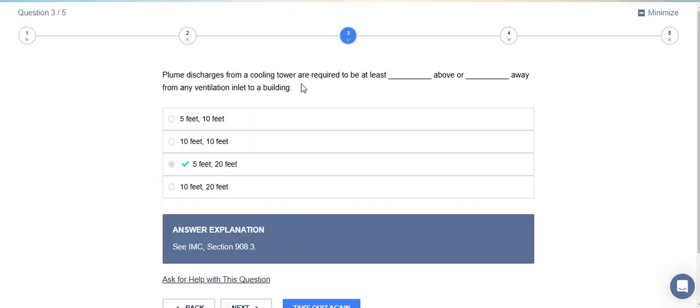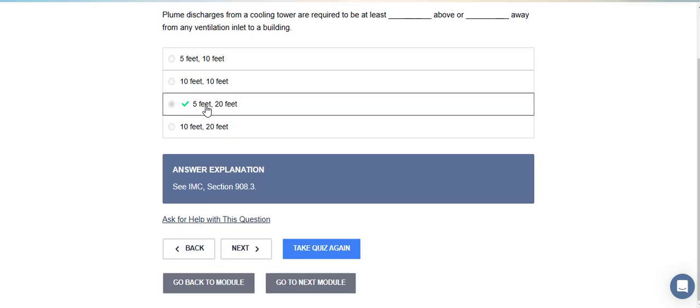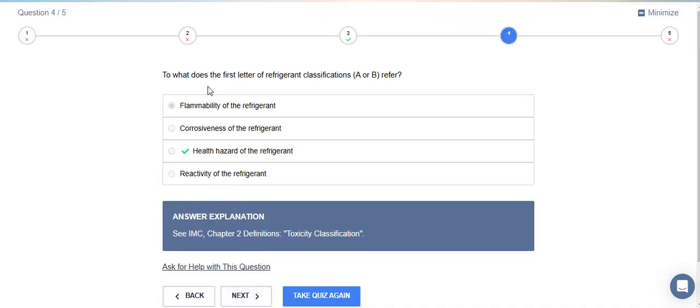Number 3, plume discharge for cooling towers is required to be at least 5 feet above or 20 feet away from any ventilation inlet to the building. To what does the first letter of refrigerant classification, A or B, refer?